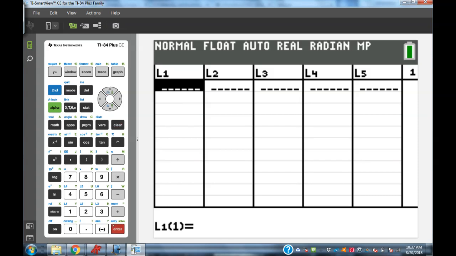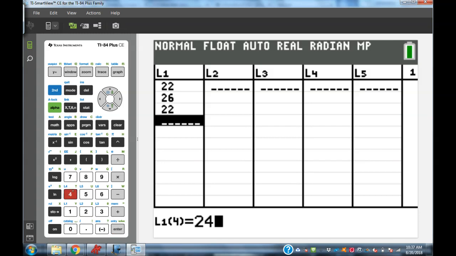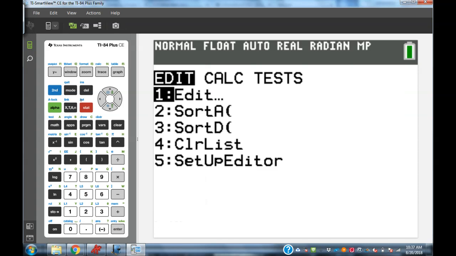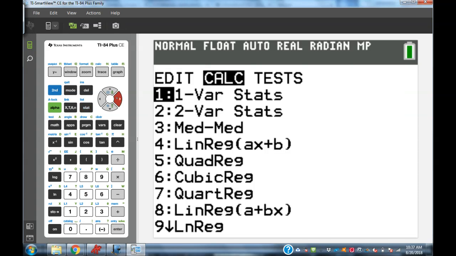Okay, and then I'm just going to put in the data values from that sample: 22, 26, 22, 24, 23. All right. From there, I'm going to hit stat, and I'm going to get it to calculate some things for me.